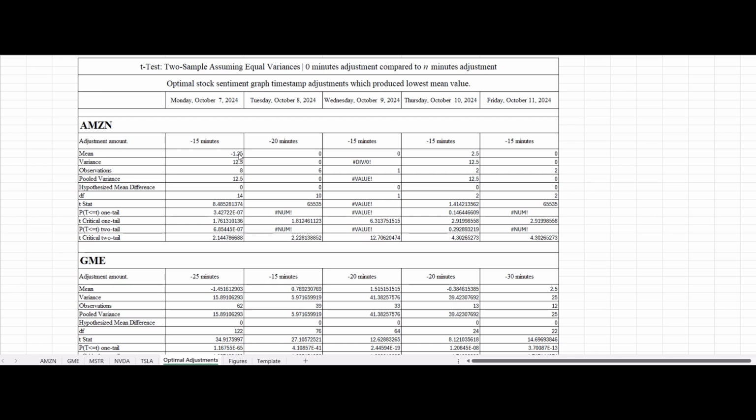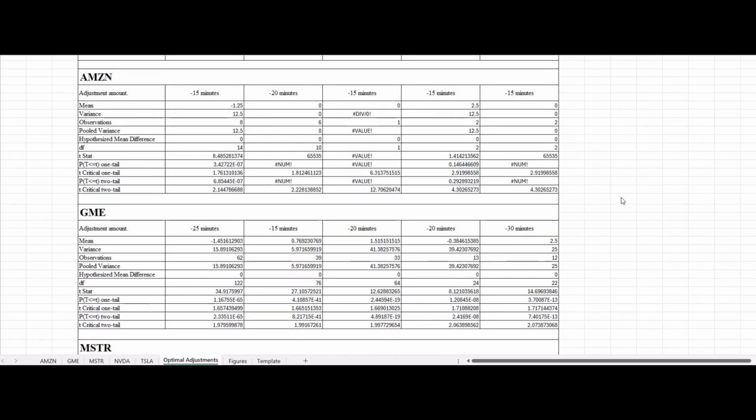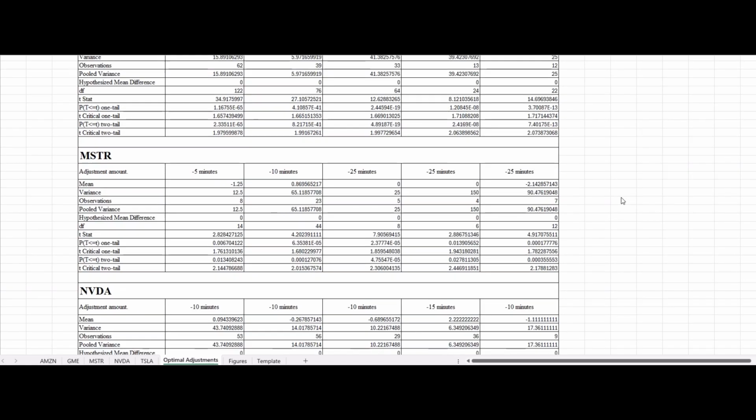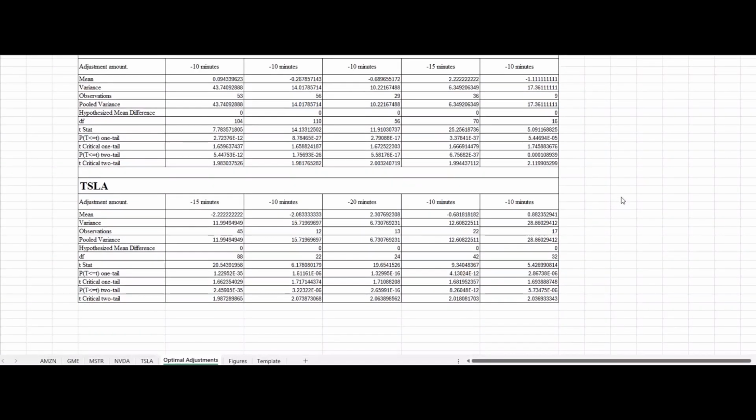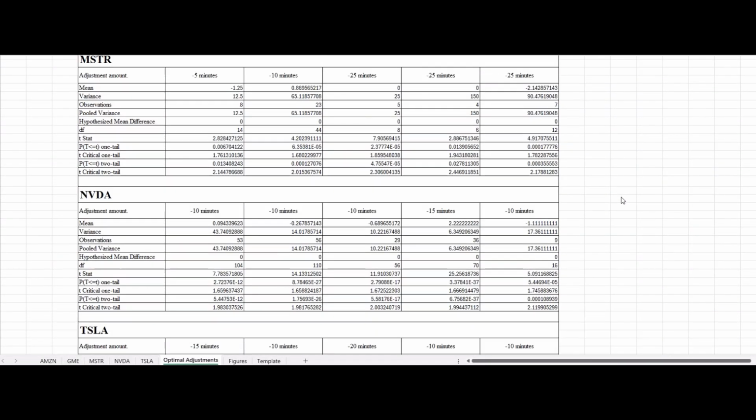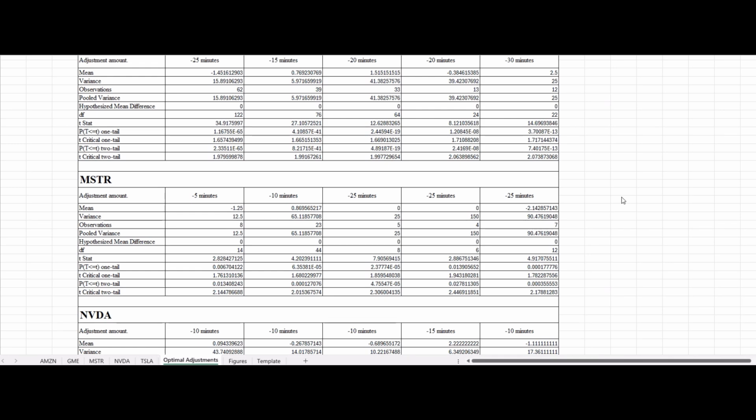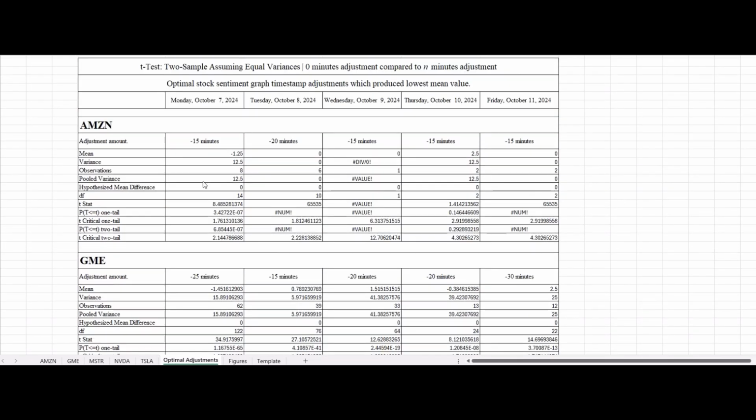Now for this table, the optimal results were aggregated into the table, and for statistical significance, only data sets where observations of 30 or more were considered in the final results.